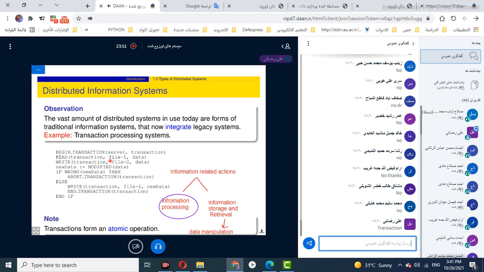And let me show you another real example of transactions. Just a second, and I will show you a good example.